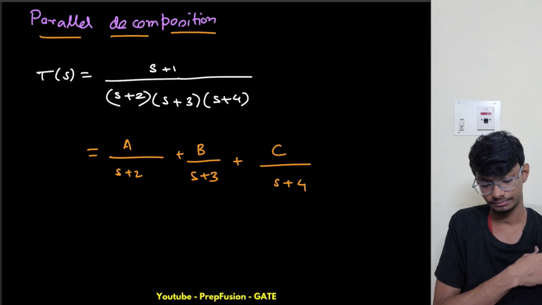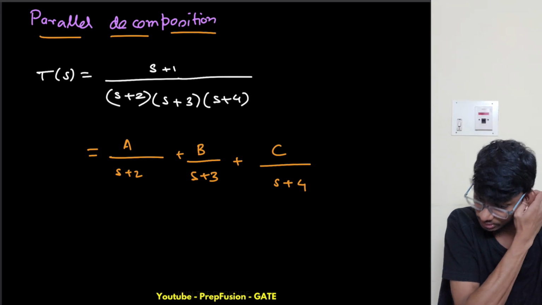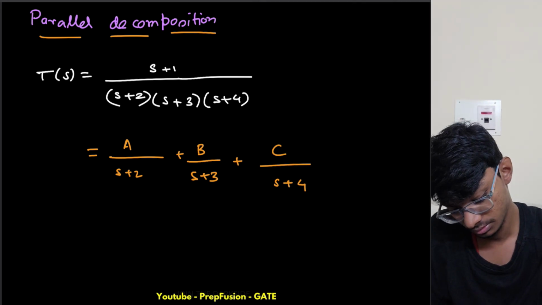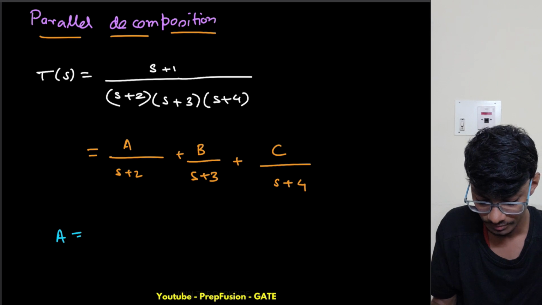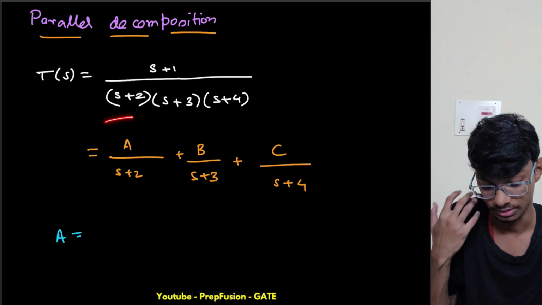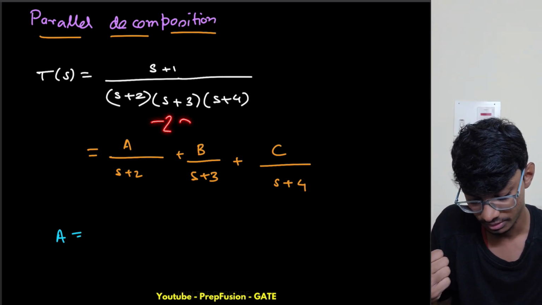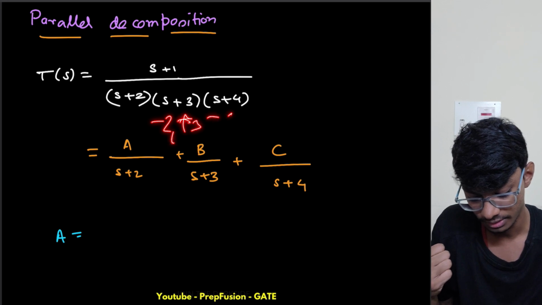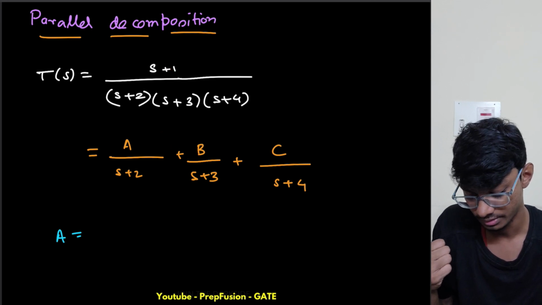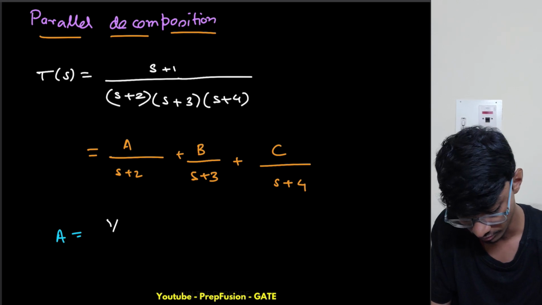So what will my A be? Put s equals -2, so -2 plus 3 gives 1, and this is 2, so I get 1 by 2. I will solve this a bit fast.